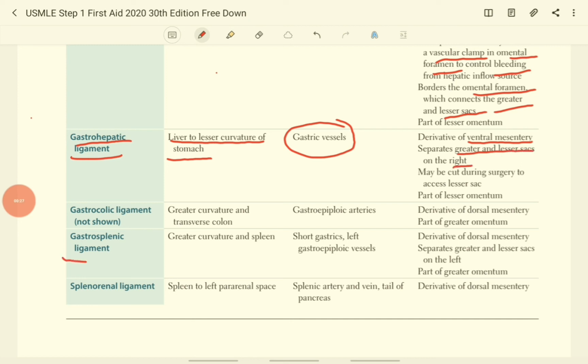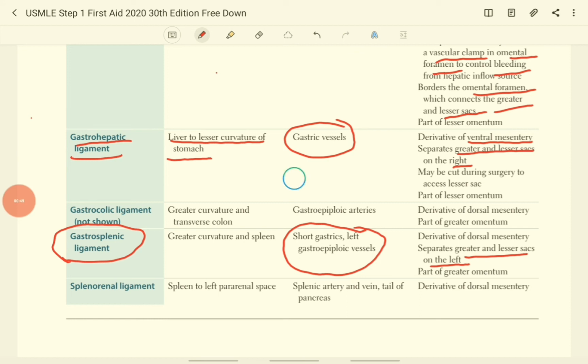Here we have another ligament, the gastrosplenic ligament, which separates the greater and lesser sac on the left, and contains the short gastric arteries and the left gastroepiploic vessels.